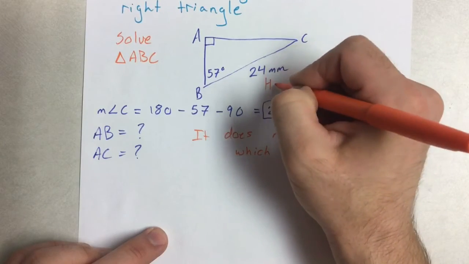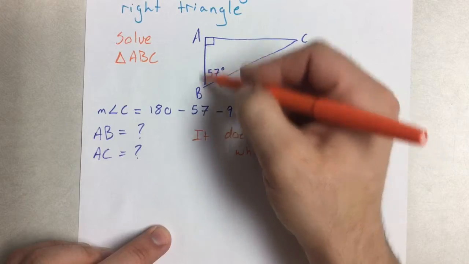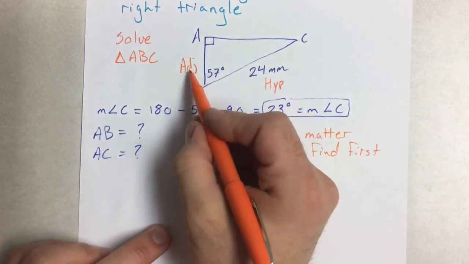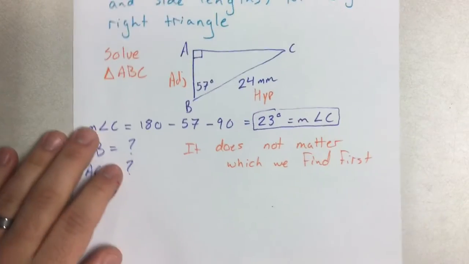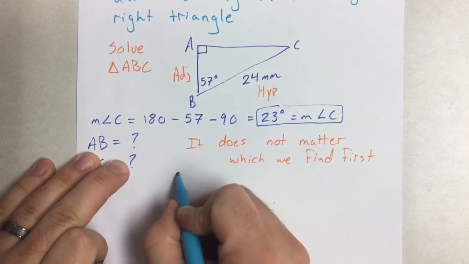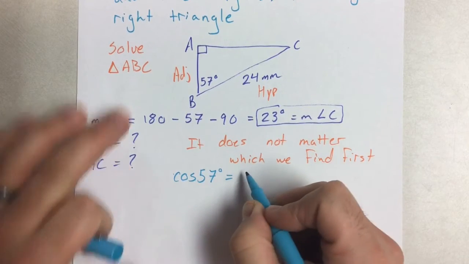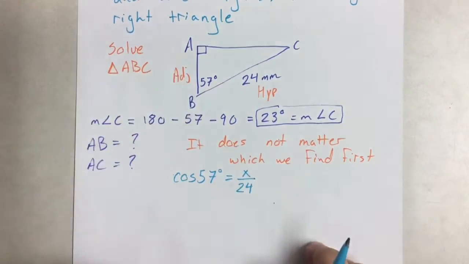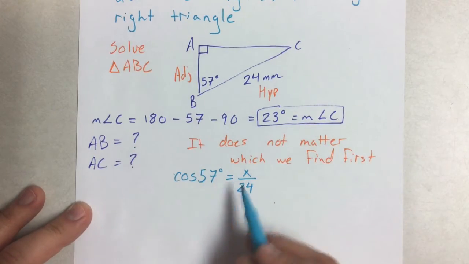For AB, we have the hypotenuse in our diagram. According to our 57 degrees, AB would be our adjacent. So we have adjacent and hypotenuse, which is cosine. So cosine of 57 degrees will equal the adjacent, which is our unknown, divided by the hypotenuse. As you've seen earlier, there are two ways of solving this.